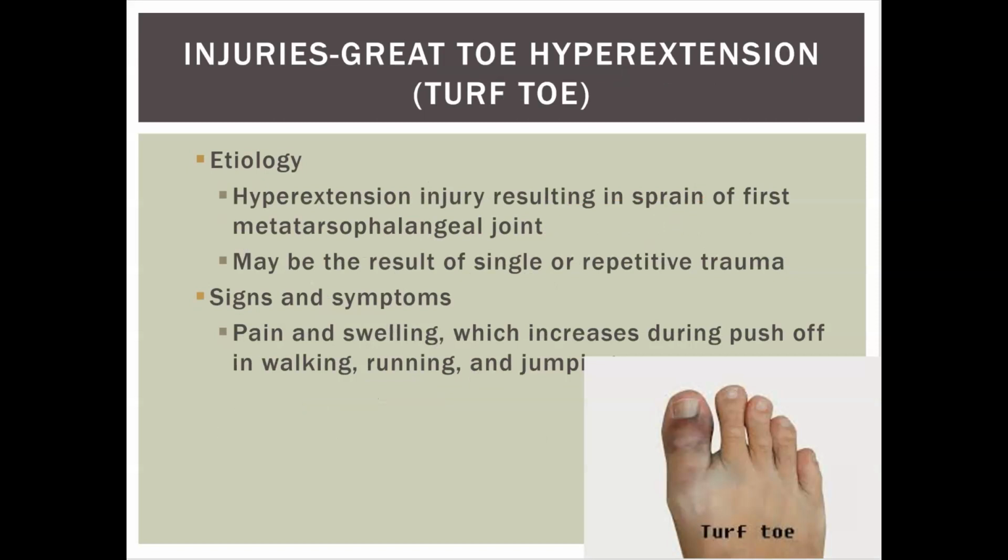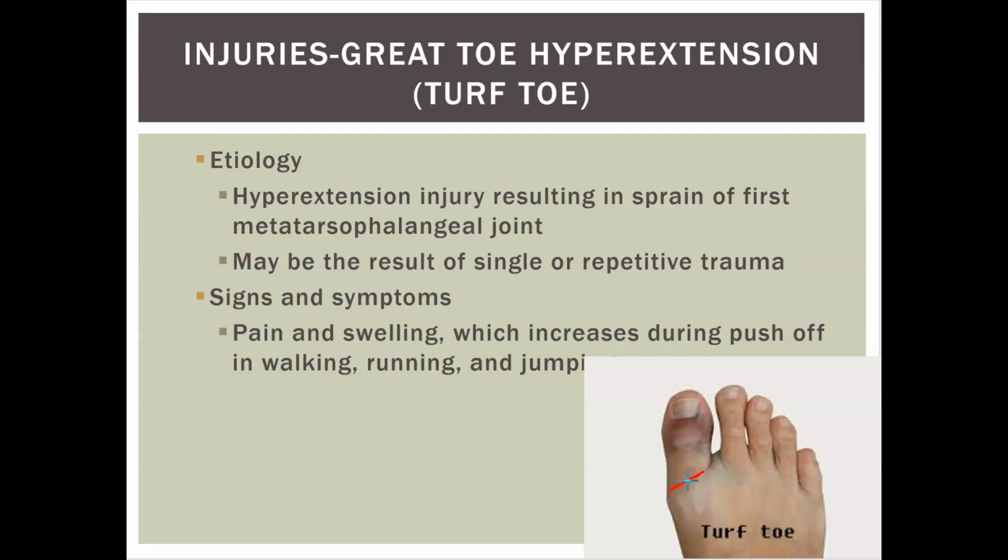So turf toe, a hyperextension or sprain of the great toe, like I talked about earlier, got its name because there's not a lot of give on turf. And it's right here. So what we would do, like any other sprain or strain, is ice it and try to minimize the swelling so they can get their range of motion back.